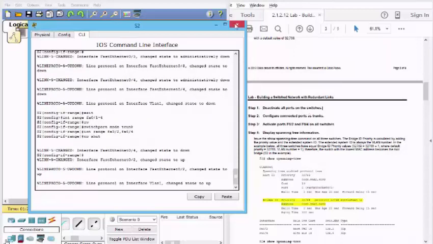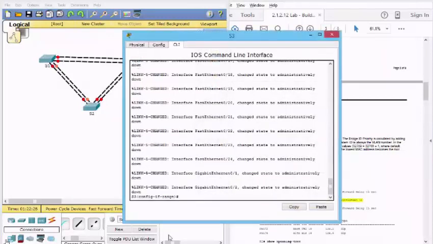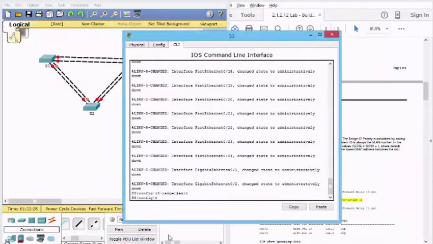And now we do the same things on switch 3. Exit to go to global configuration mode with the interface range Fast Ethernet 0/1 to 4.